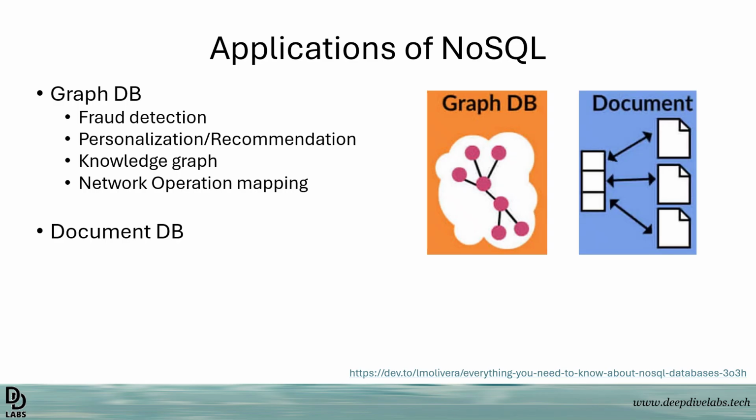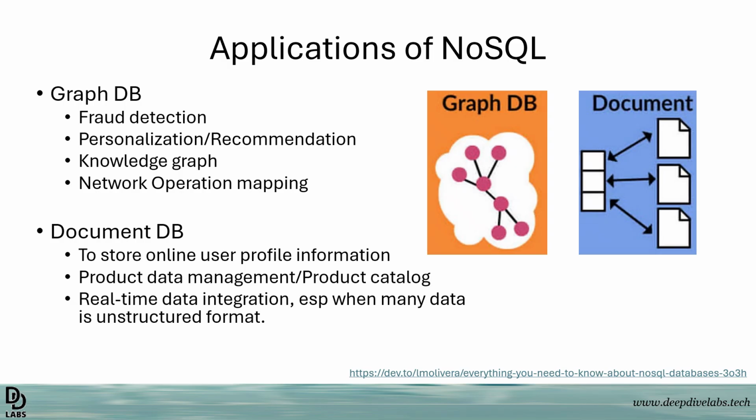Then you have your document database. Because it is essentially schemaless and can store data in terms of documents, it is used a lot to store online user profile information, right? Each profile can have a different set of attributes. There could be a profile which is connected to Facebook, probably Twitter, if you have those handles, whereas some profiles probably don't have the equivalent connections.